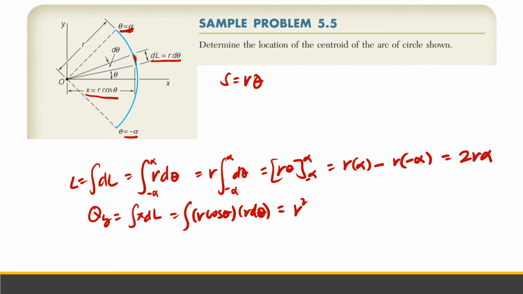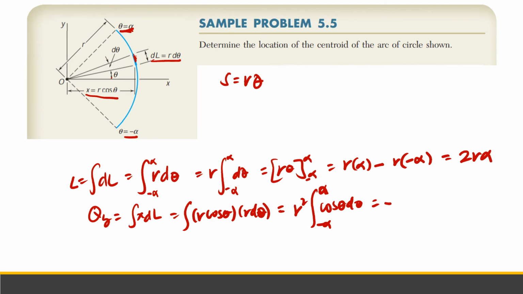So this is r squared integral of cosine theta d theta from alpha to negative alpha. So what is the integral of cosine theta? So by identity, meron tayong identity na integral of cosine theta is sine theta.